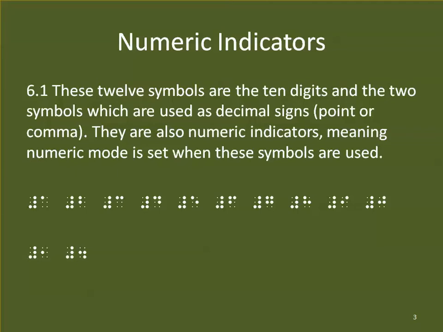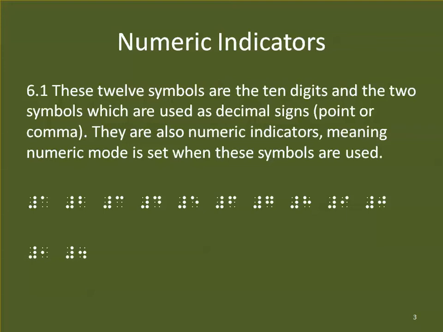And at first I was very confused when they were talking about it like this, but the trick is to not view these as A, B, C, D, E, etc. with a number sign in front of it. That's not how UEB works. Again, we're talking about roots and prefixes, and so the prefix then is dots 3, 4, 5, 6.